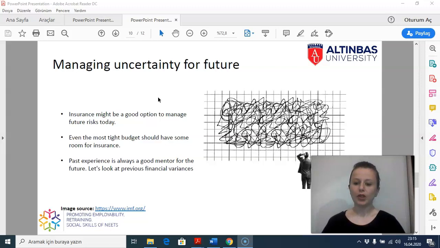However, if you have insurance, you will be splitting the risk over a longer period of time, so you're not going to be affected by that amount anymore. Even the tightest budget should have some room for insurance. It comes before savings or investment.